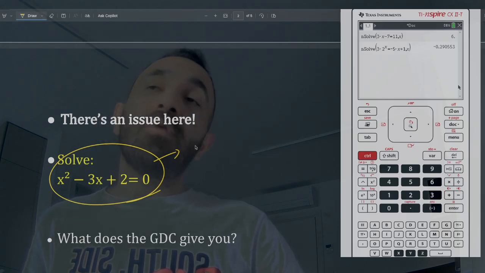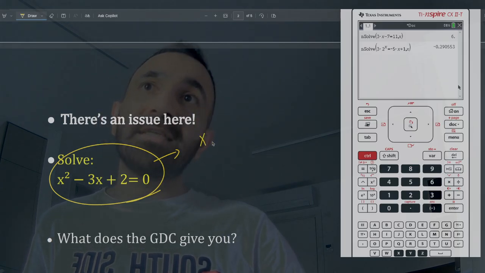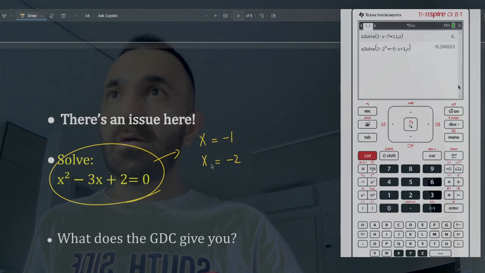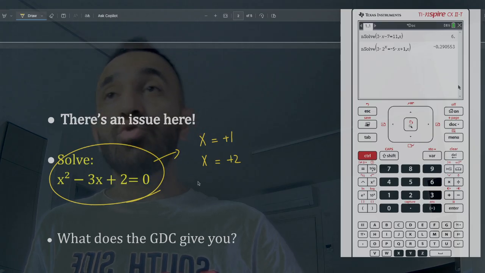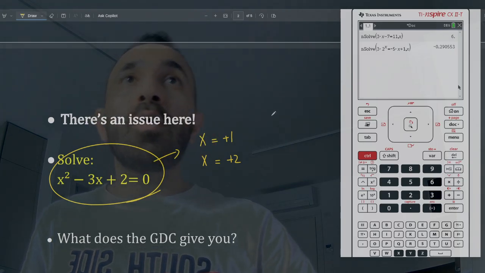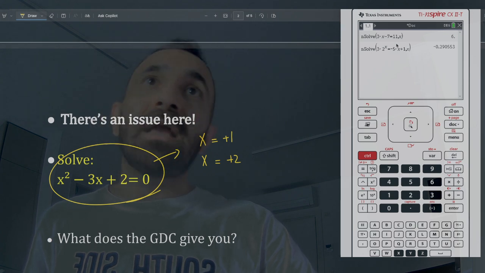This equation has two solutions, 1 and 2. They are both the solutions of this equation.